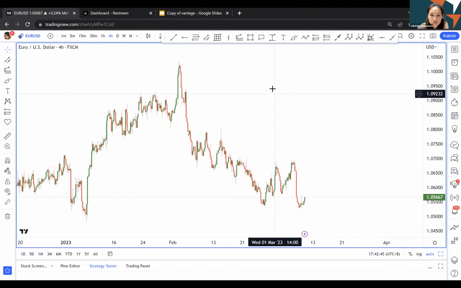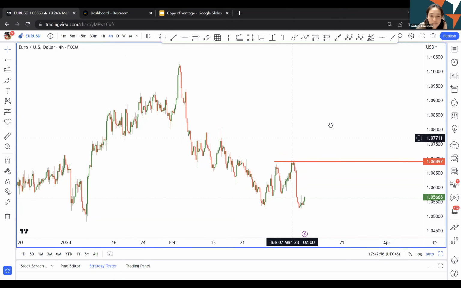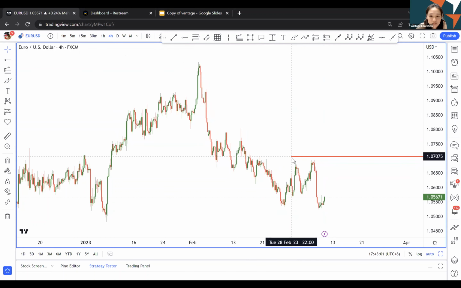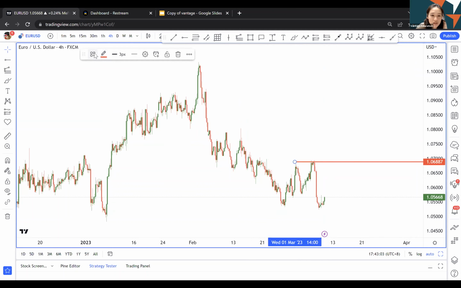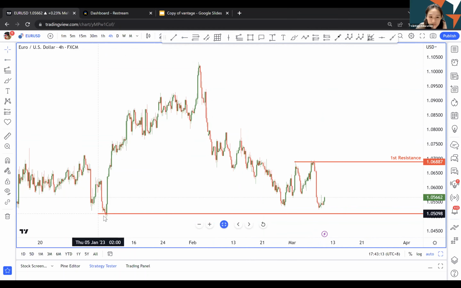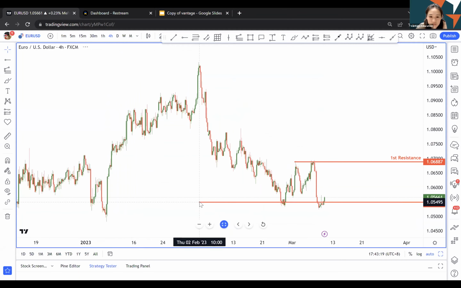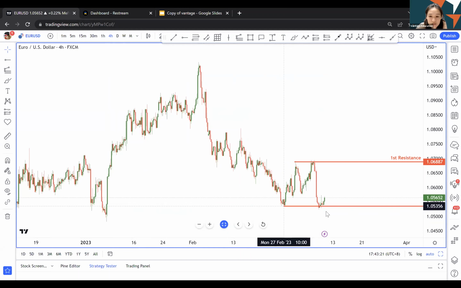Now let's go ahead and plot some support and resistance levels. Here's my first resistance, which is the closest swing high to where price currently is. Over here will be my first support.